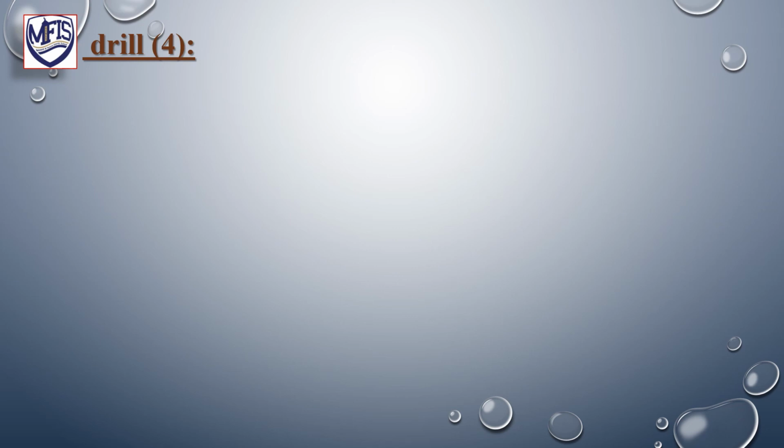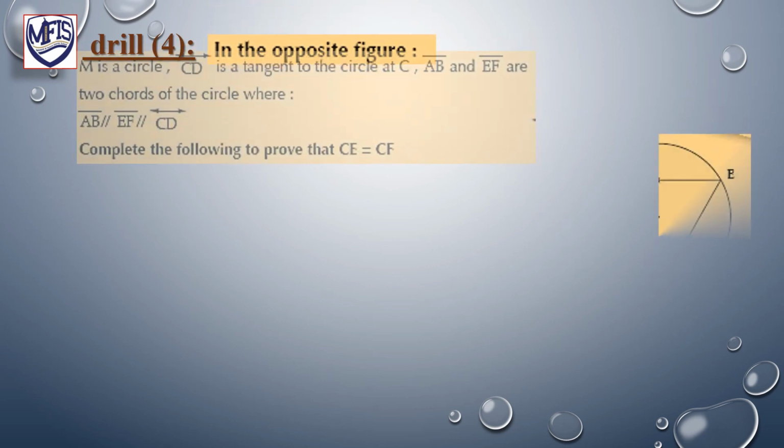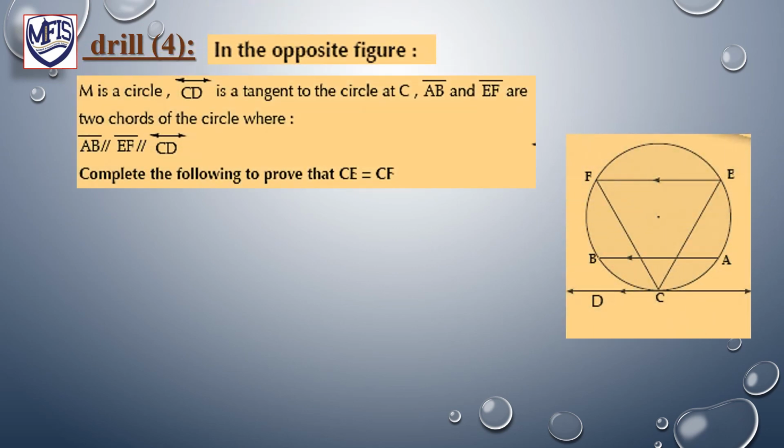Now drill number 4. In the opposite figure, M is a circle, and the straight line CD is a tangent to the circle at C. C is the point of tangency. AB and EF are two chords of the circle where AB is parallel to EF, parallel to the straight line CD.